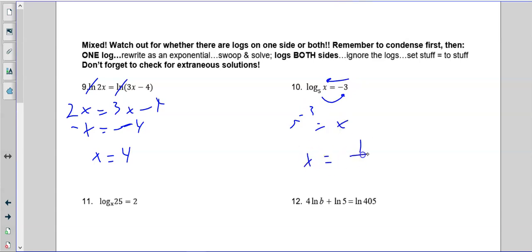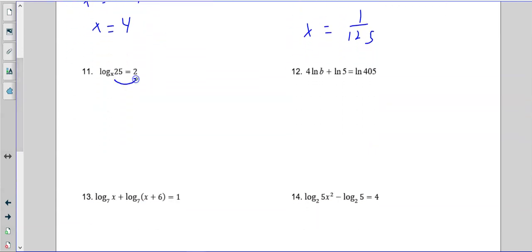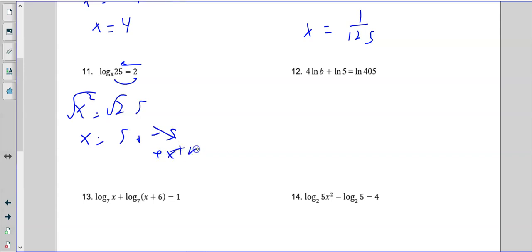So x is 1 over 125. Remember, 5 cubed is 125, but with the negative exponent, it goes to the denominator. Again, we're going to swish and flick, only one log. X squared equals 25. Square root both sides, x equals 5 and negative 5, but this ends up being extraneous.